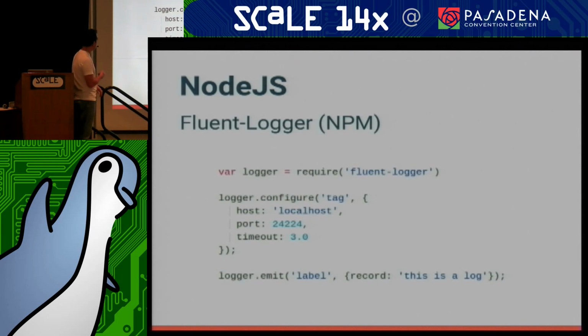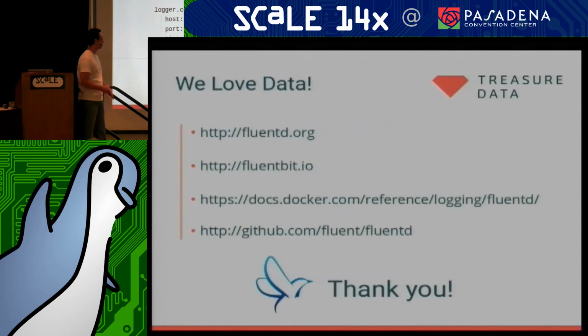You just create the instance, configure the Fluentd tag, where Fluentd is, and the timeout. So every time it's going to push this data out, and then just one line to send the message. If you have an environment where people create Node.js applications, try to use this, because you are going to unify the logging of all the applications.